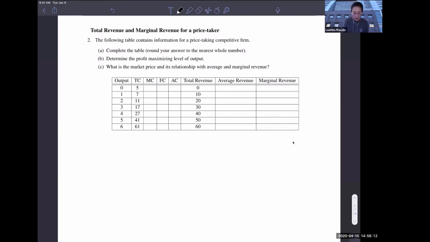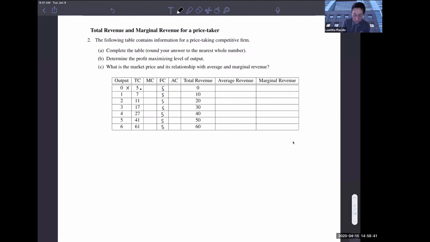So I'm just going to look at the level of output of 0, and I know that the total cost here is going to be the fixed cost. So fixed costs are 5, and I'm going to put that for any level of output.